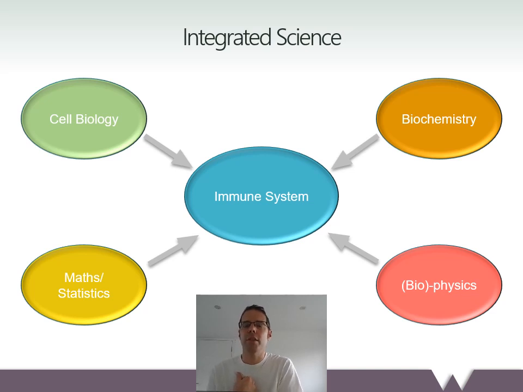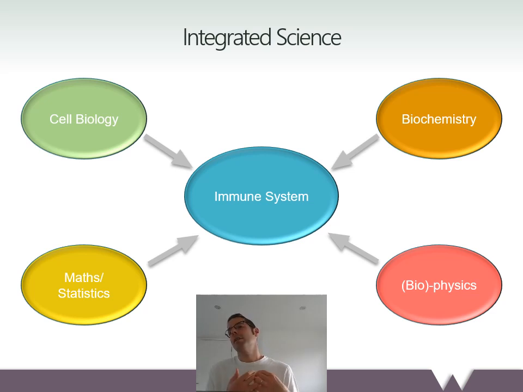And so the things I work on tend to be, as you can hopefully see on the screen, more the biochemistry and the biophysics of how immune cells recognize non-self. But there's a huge wealth of literature on using math and statistics as well to try and answer how our immune system works. These cells are, of course, also normal cells. There's nothing particularly special about them except they do this job in the immune system. So there's plenty of very interesting cell biology that also plays into this as well.